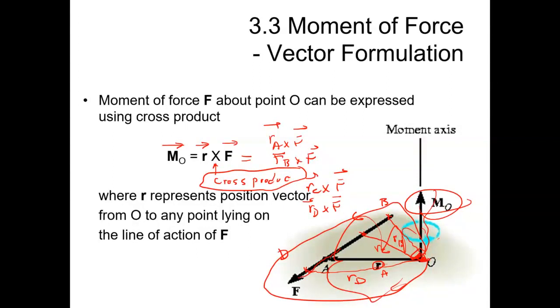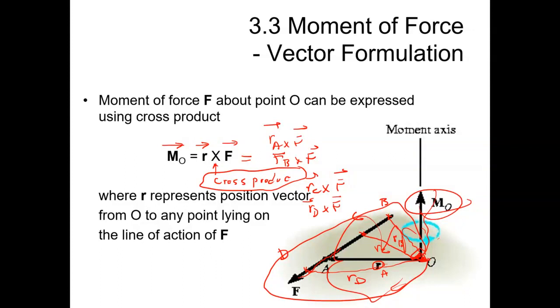Everyone heard what I said? So this is the contrast between finding a moment by vector and finding it by scalar. When do we do the scalar? That is when all the forces are coplanar. If I want to do the scalar calculation, I need to find the shortest distance.